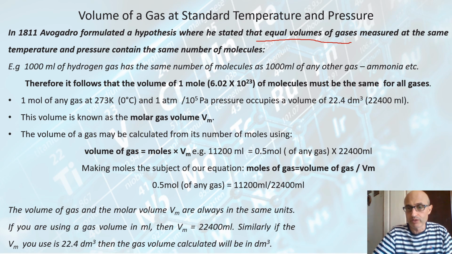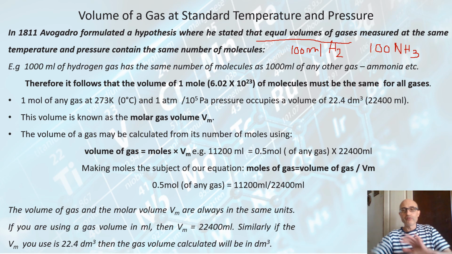An equal volume of a gas could be, for example, 100 mils of hydrogen gas. And if we have 100 mils of, let's take ammonia gas, so NH3, we have two equal volumes of completely different gases.